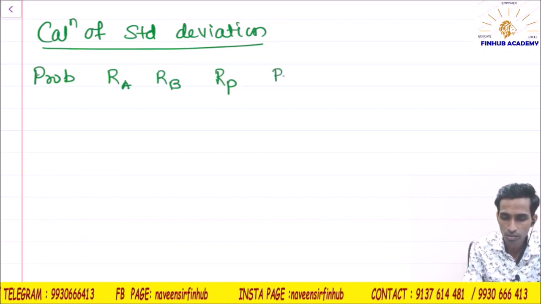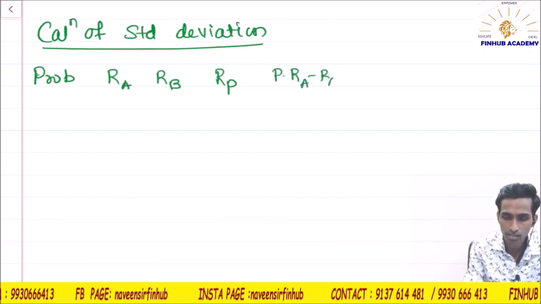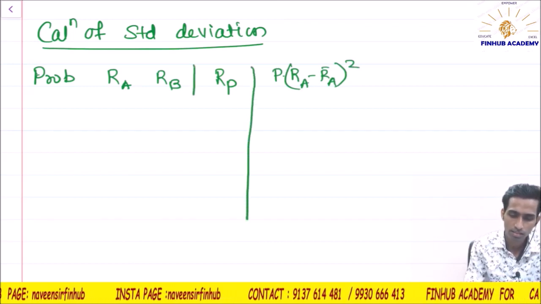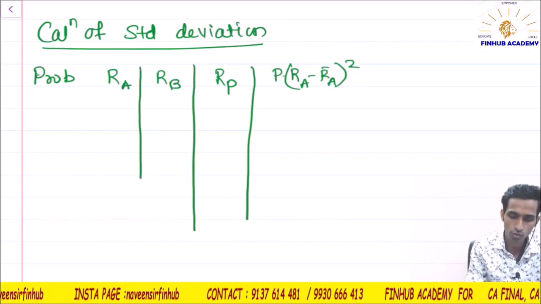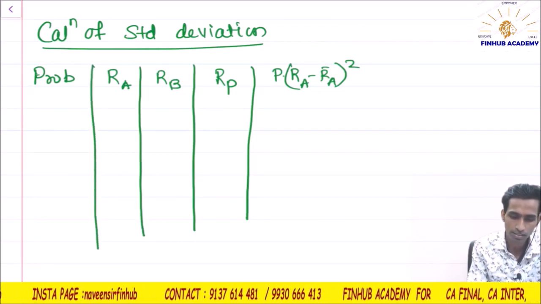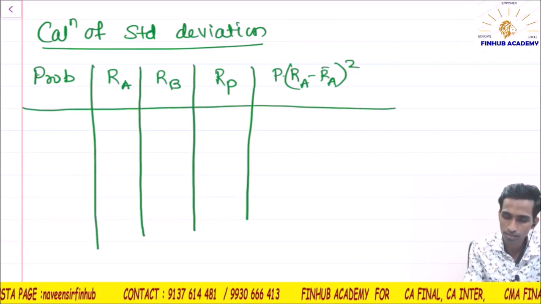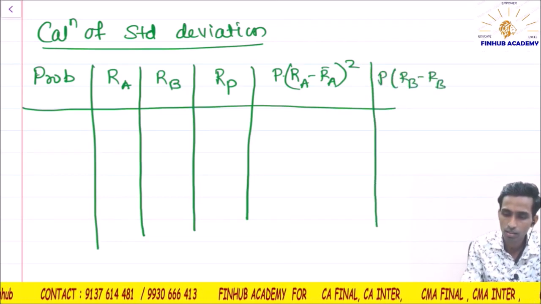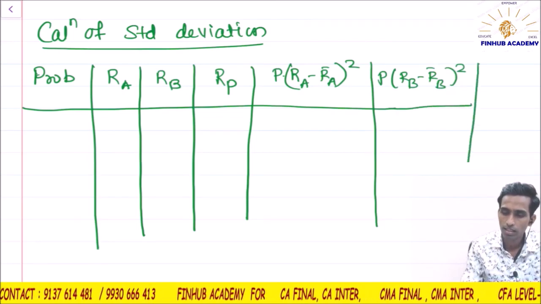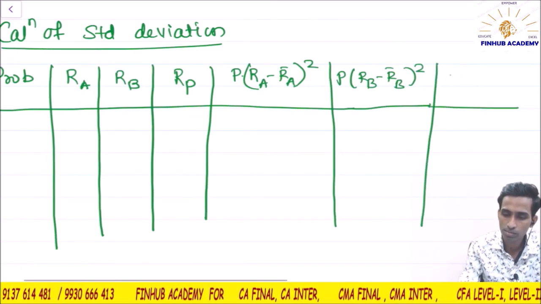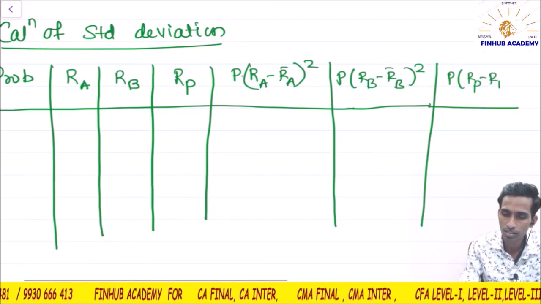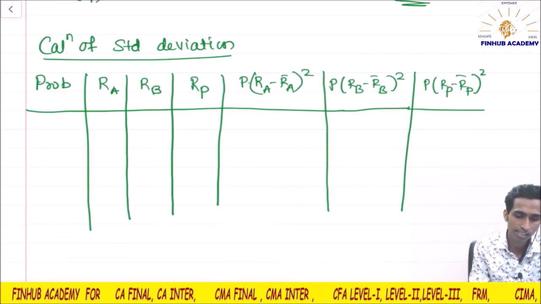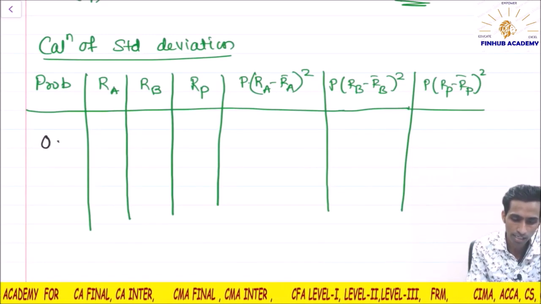So P into RA minus RA bar, the whole square. Everybody is with me, yes or no? Great. Please don't sleep. P multiplied by RB minus RB bar, the whole square, and then P multiplied by RP minus RP bar, the whole square. The probability is 0.2, 0.5 and 0.3.